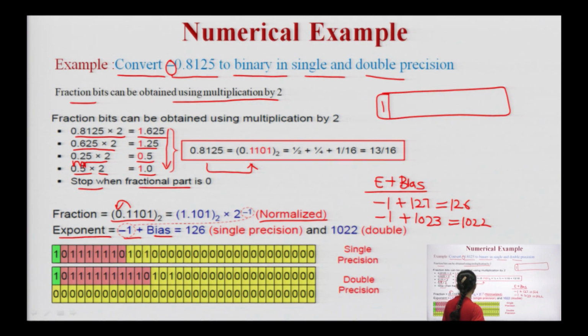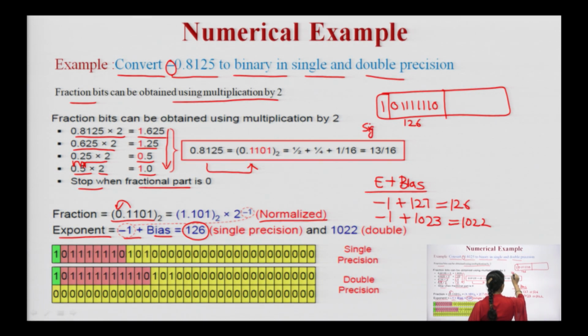Then to represent the 8-bit exponent, the exponent here is 126. The binary for that is 0, 6 ones, 0. This is 126. This is my sign bit, because my number is negative. So, I have written here 1.